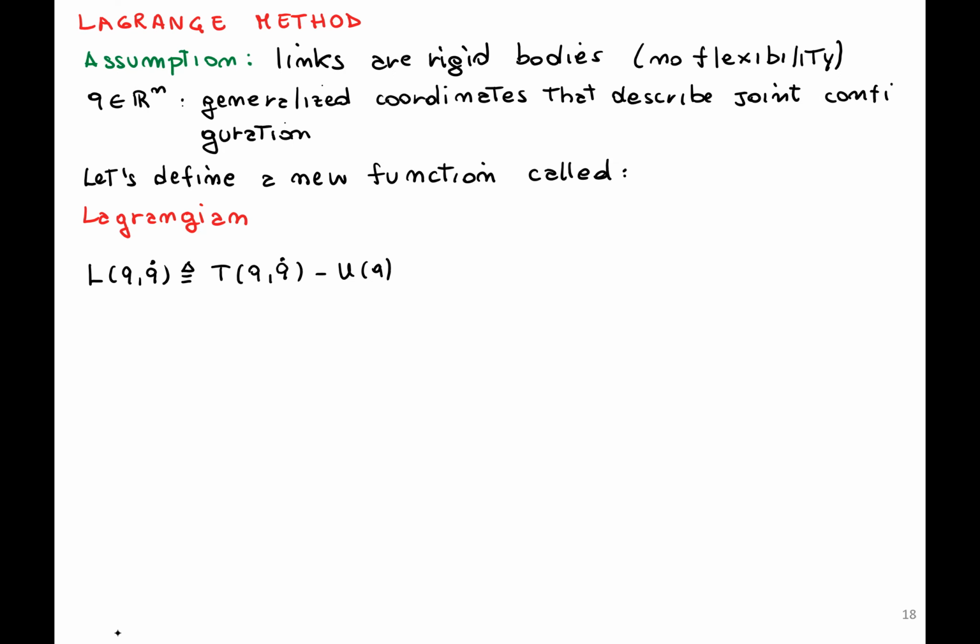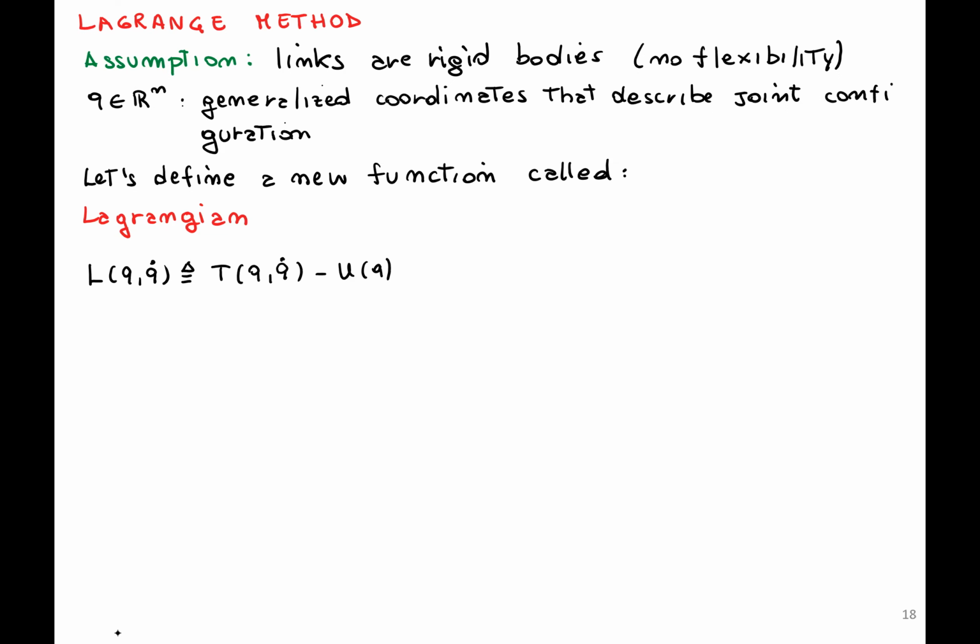The Lagrangian is not the total energy, which is the sum of kinetic and potential energy, but is the difference of kinetic and potential energy. Lagrange himself, the mathematician, derived a condition according to which all physical systems during motion minimize this function.